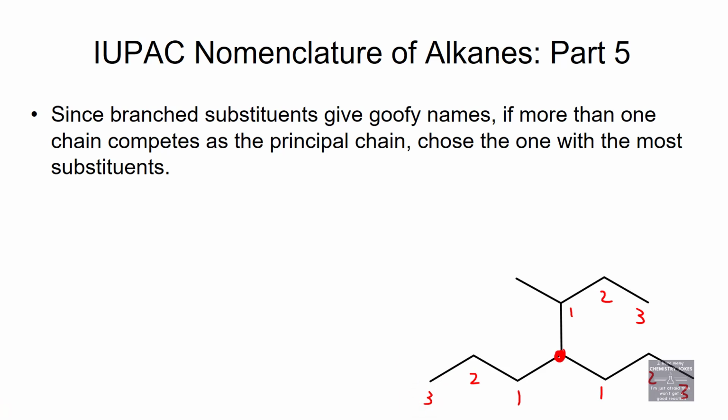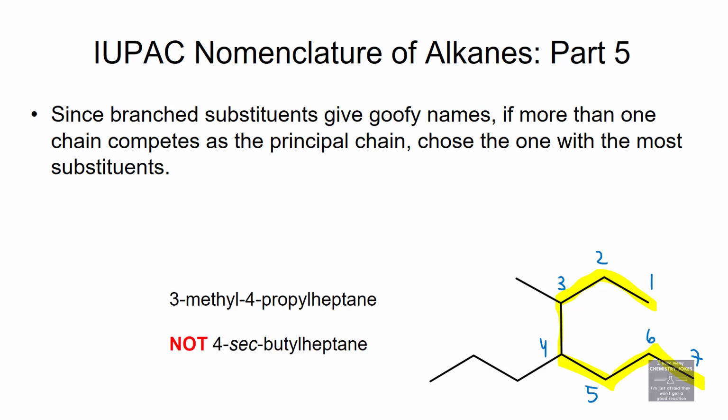So you're going to have 7 carbons on your overall chain, and you choose the overall chain that has the most substituents so that you don't have to name goofy branch substituents. That leads to this being our overall chain, and our chain numbering starts up here to give everybody the lowest number possible. That's what we're always aiming at, the lowest number possible. So this is 3-methyl-4-propylheptane, not 4-sec-butylheptane. Those have the same root name, the same parent chain name, but you choose the most substituents possible so that you don't have to name goofy branches.